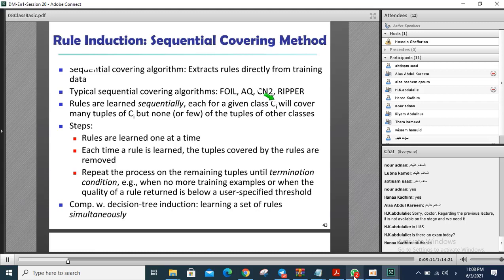Or I can terminate the process when the quality of the rules reaches a user-specified threshold.